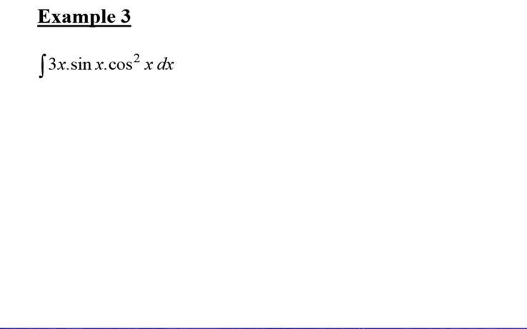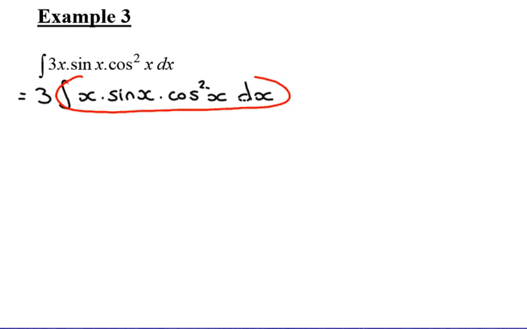Personal preference again, I like to take out the constant and not have it be part of my integration by parts. But again, it does actually work if you have it as part of it. I just find it a little bit easier, so I'm just going to use integration by parts for that. And let the 3 sit outside. So let's start.